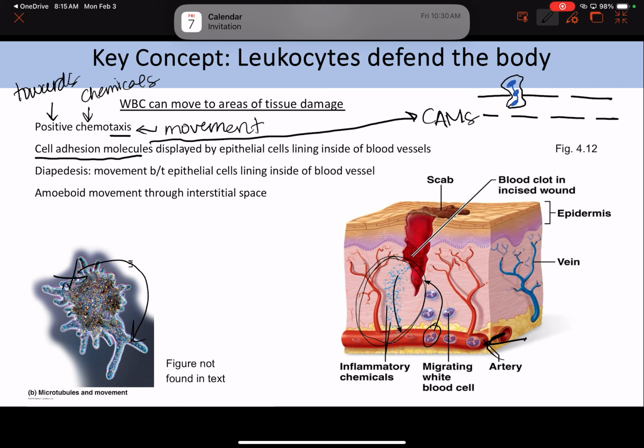Then they break down more of their cytoskeleton, move those proteins to the front, and that's how they propel themselves forward. They don't have legs or a tail like sperm do, so they basically break down the back of their cells and move it to the front, and that way they inch their way forward. That's how the white blood cells move. It's called amoeboid movement.